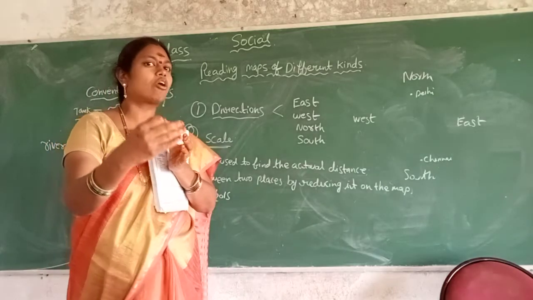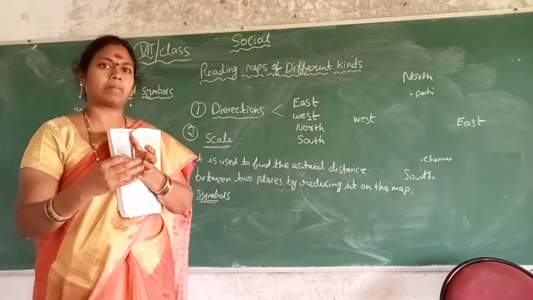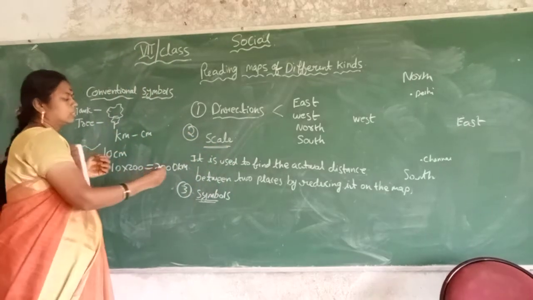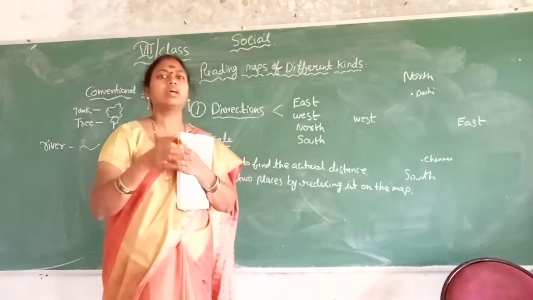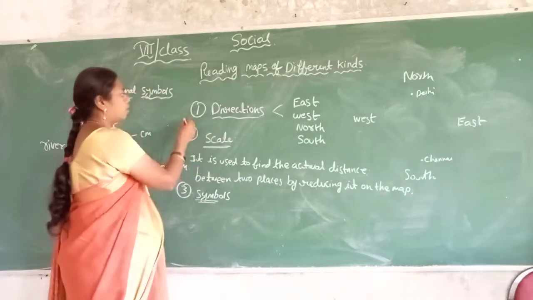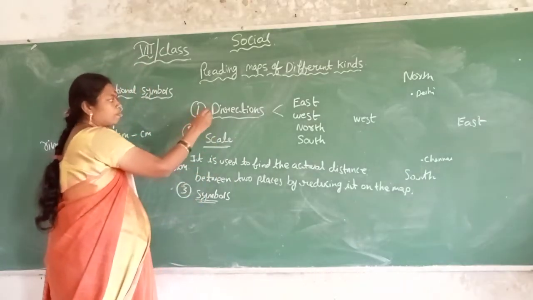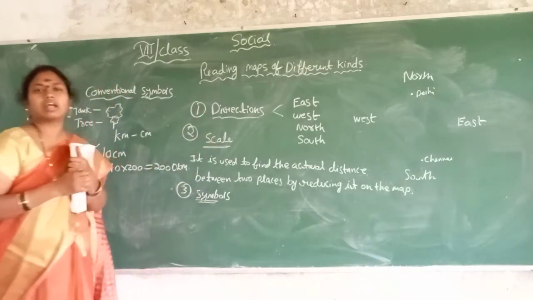The real things cannot be shown on the map because the place will not be sufficient, and that is the reason why they use the symbols. So in this way we have learned direction, scale and symbols. With the help of direction, scale and symbols, you can easily understand the map.